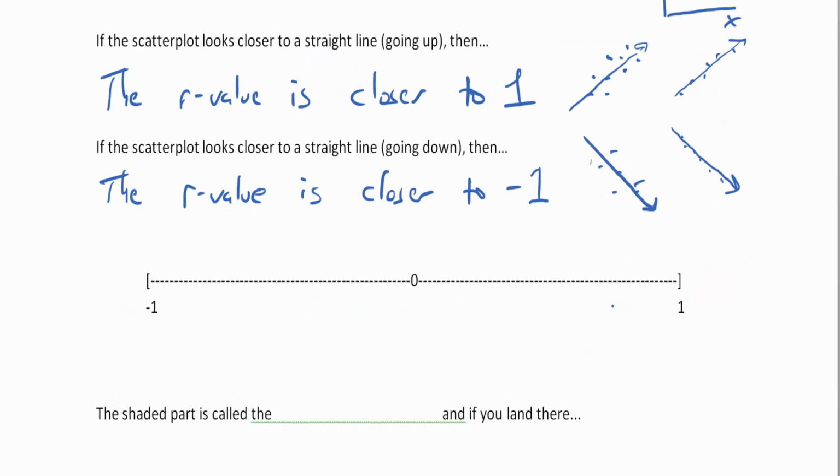You see, this right here is the continuum of the possibilities for our R value. So right over here, this 1, if the lines are perfectly straight, there's not a single dot out of line, it would be a 1, a perfect correlation.